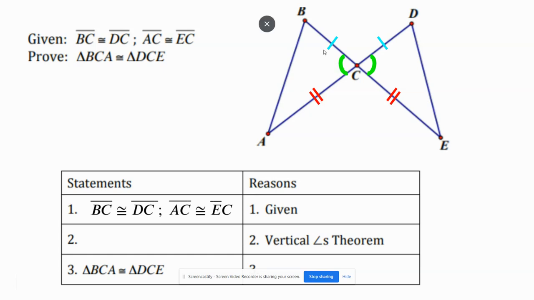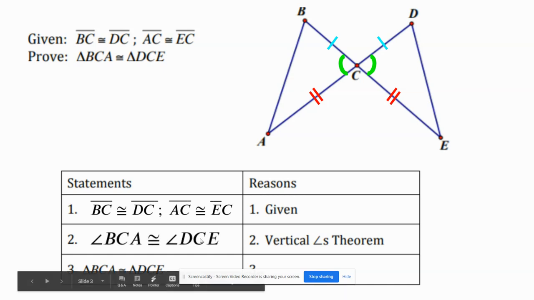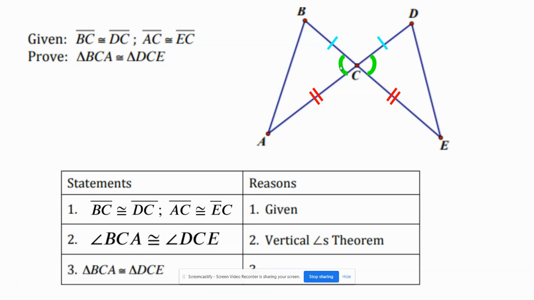I have angle BCA and DCE that I know are congruent because of vertical angle theorem. So I have a side, another side, and then an angle that is included within those two sides. So this would be a side angle side congruence postulate proof. And that's all we have to do for that one.